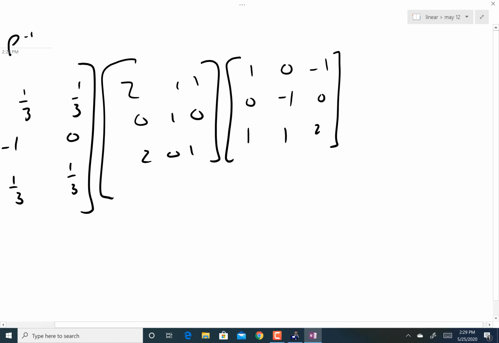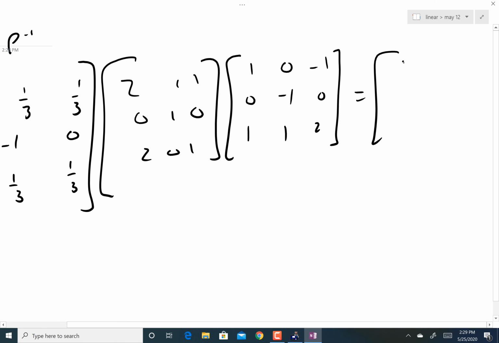And then, of course, that's equal to 3, 0, 0, 0, 1, 0, 0, 0, 0. Okay, cool. Now, what does that tell us? First of all, it tells me my eigenvalues are 3, 1, and 0. Boom, boom, boom.